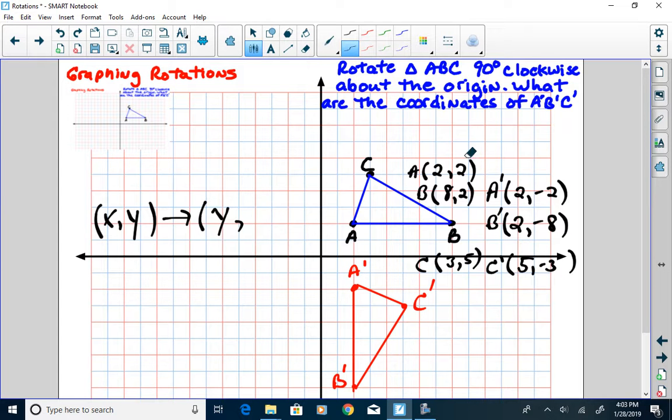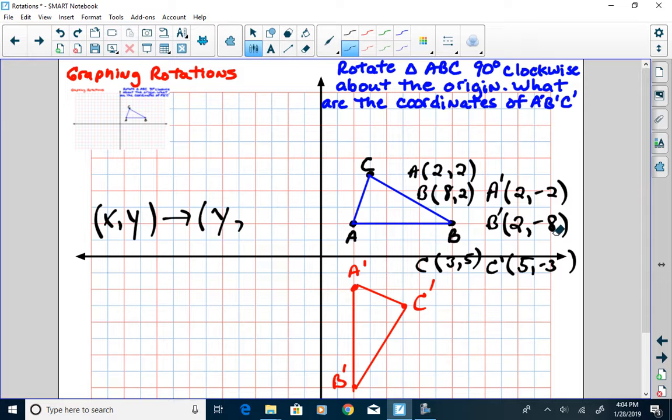And then if we're looking for the y value here, it winds up being the opposite of whatever the x value was. Our original, our pre-image x value is 2. Our image y value is the opposite of 2. Our pre-image x value is 8.